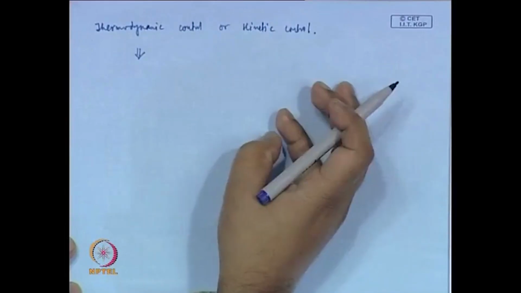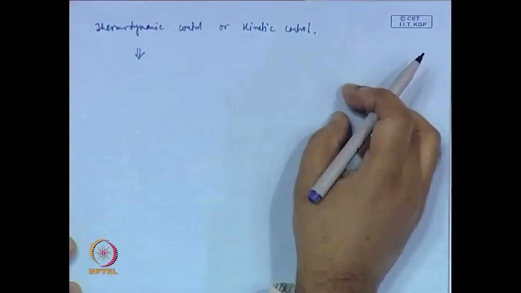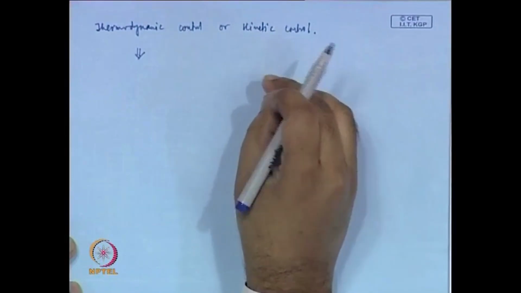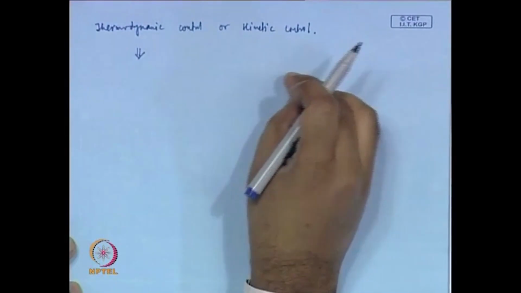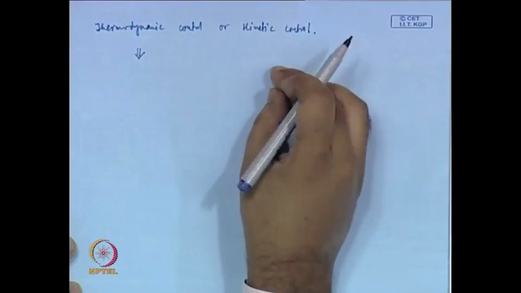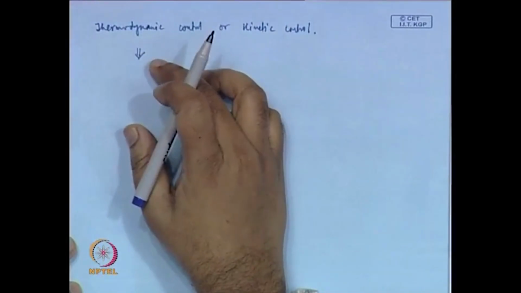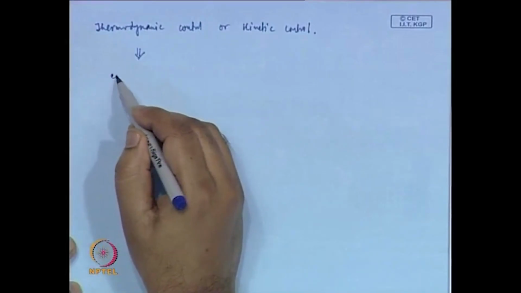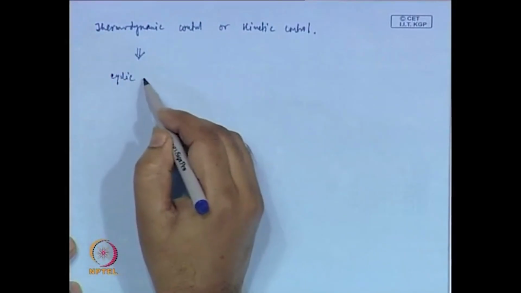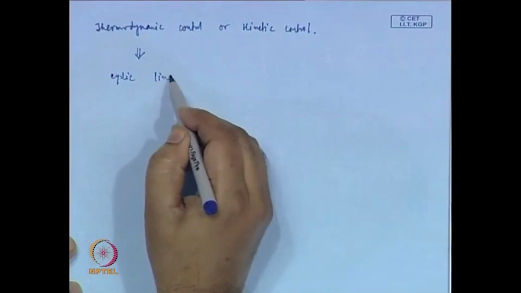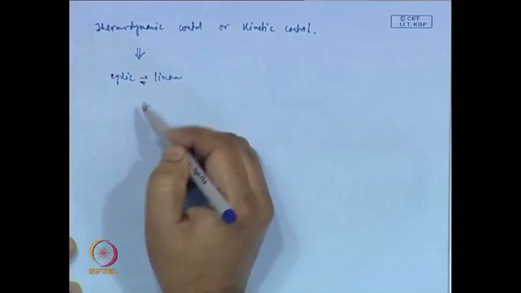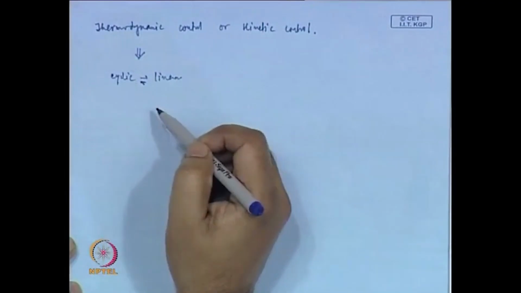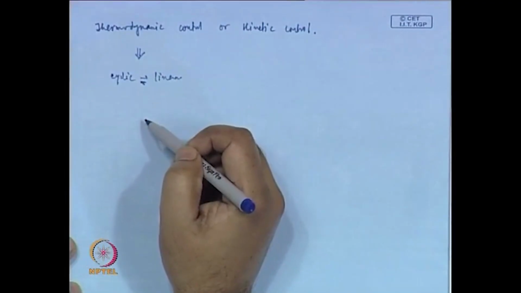The reaction proceeds without establishing an equilibrium between the cyclic and linear species, whereas in thermodynamic control polymerization there is an equilibrium between cyclic molecules and linear molecules. So, during the entire polymerization process, this equilibrium exists.